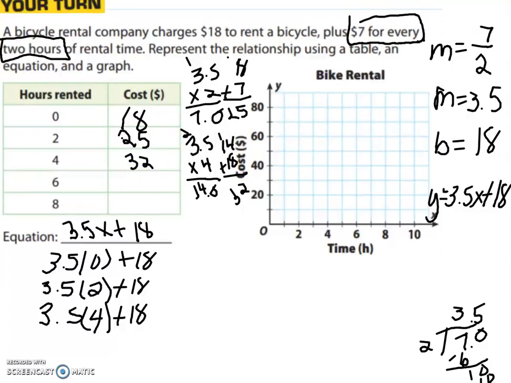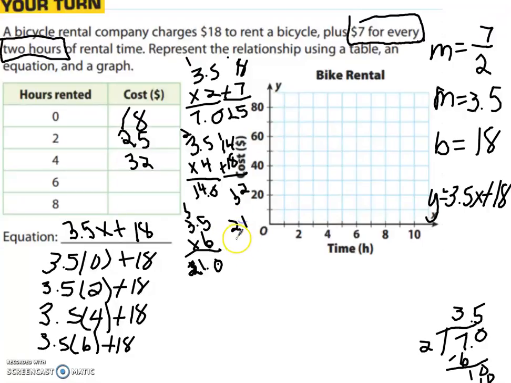Then we have to do 3.5 times 6 plus 18. So 3.5 times 6. 6 times 5 is 30. 6 times 3 is 18, 19, 21. So 21 plus 18, I get 39.